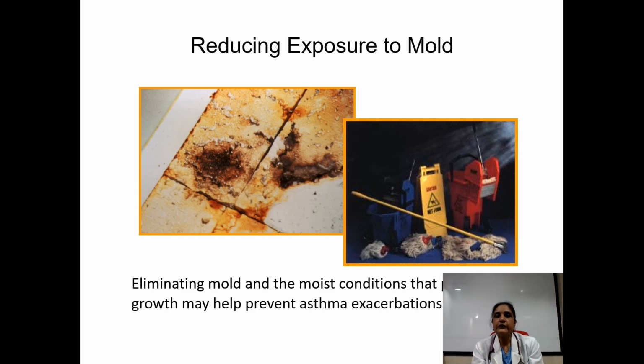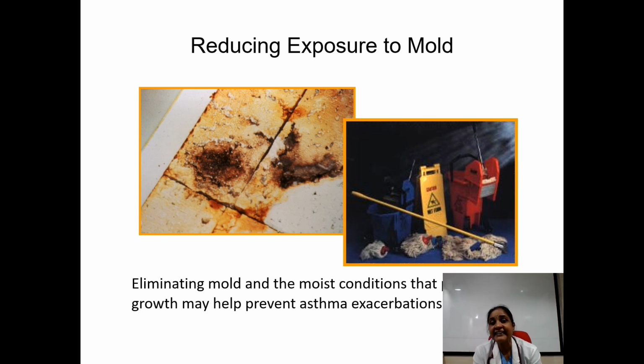Then reducing exposure to mold is very important in a humid climate like Kerala, and many patients come because of the damp environment. The air which they are inhaling is so impure that it includes many allergens, and it will indirectly cause the exacerbation.